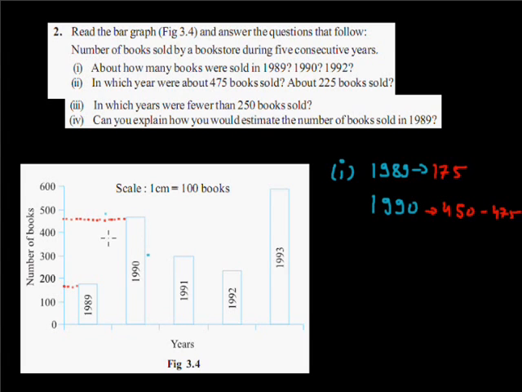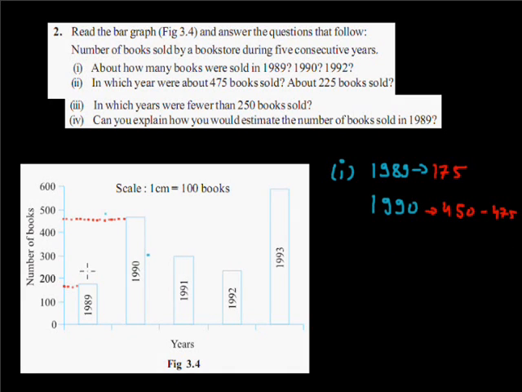Now in next it is being asked in 1992. In 1992 how many books we have? So if you see 1992, this is the 1992 year graph. If you draw a line here, it is almost 300. So we can say approximately 275 to 300 books we can have.